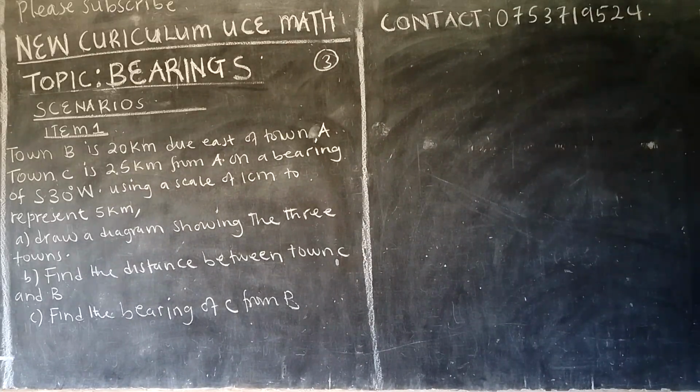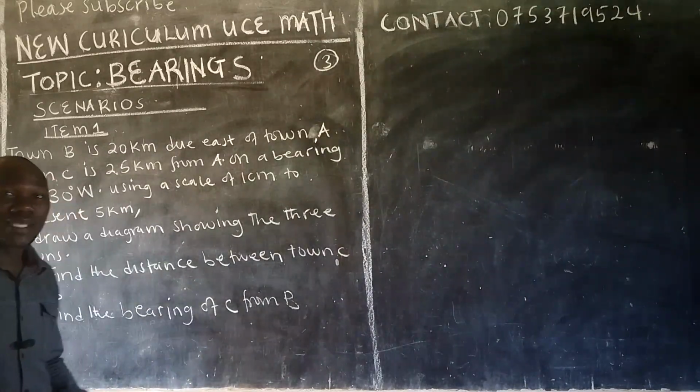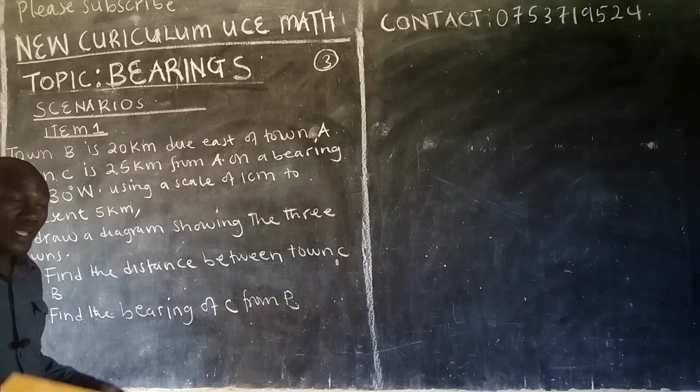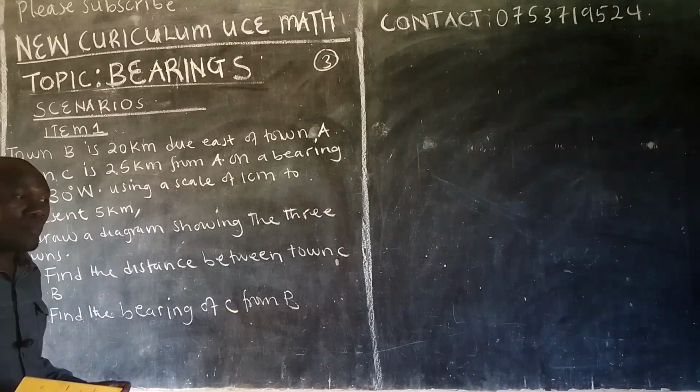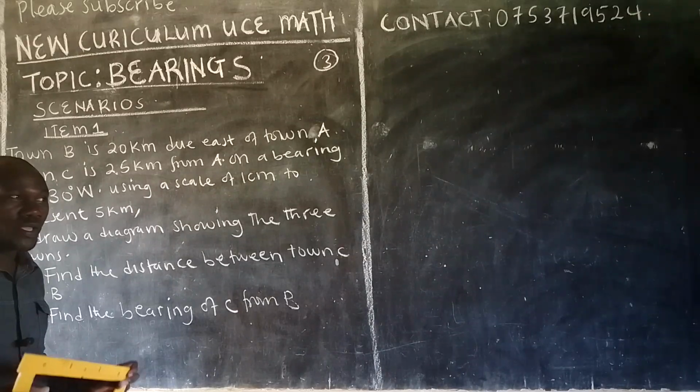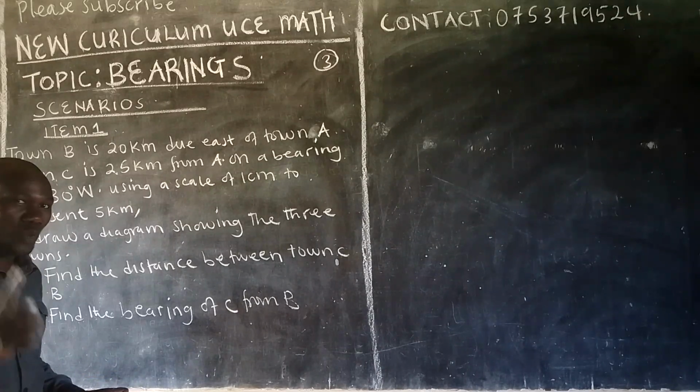We make our sketch. We said that in order to attempt a number of bearings, what you begin with is you first of all make a sketch. Then that sketch gives us the inaccurate drawing. But an accurate drawing comes when you have a right title there.